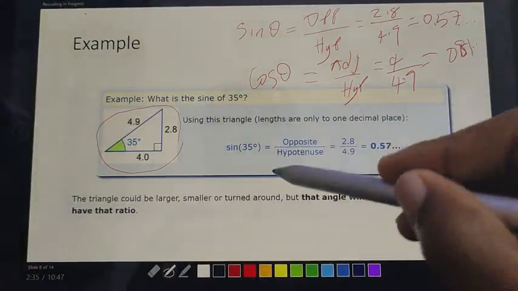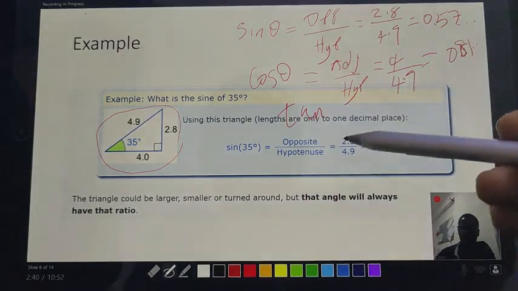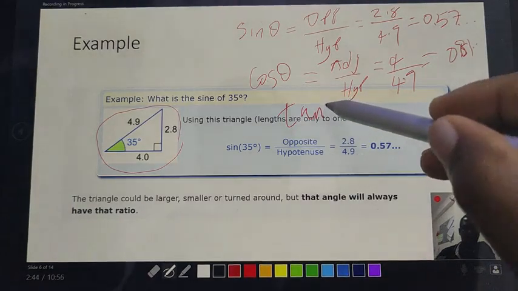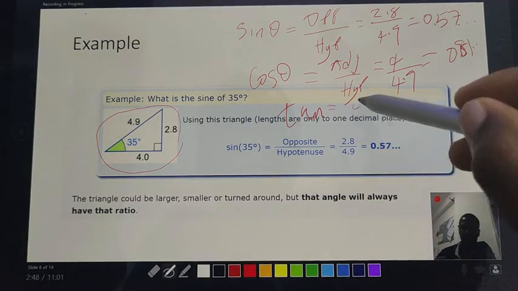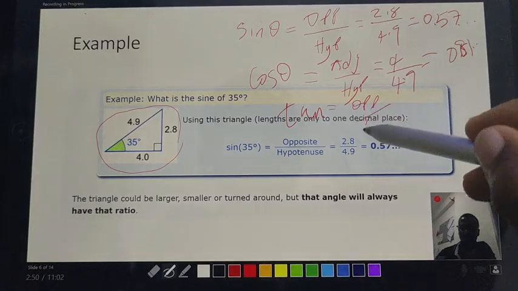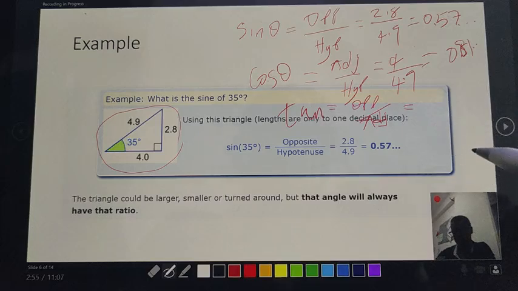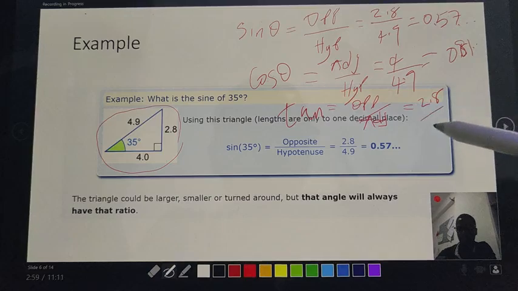The same you can say for tan, which will be equal to opposite over adjacent. Our opposite is 2.8, our adjacent is 4.